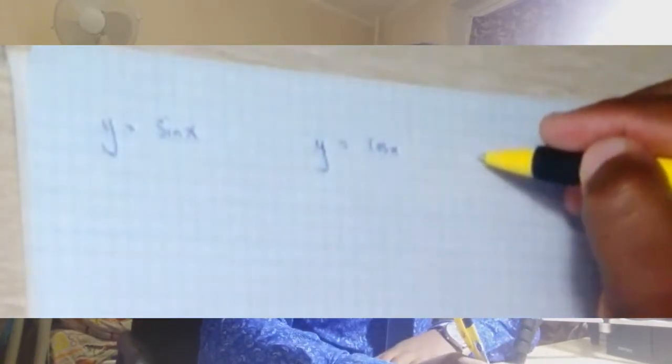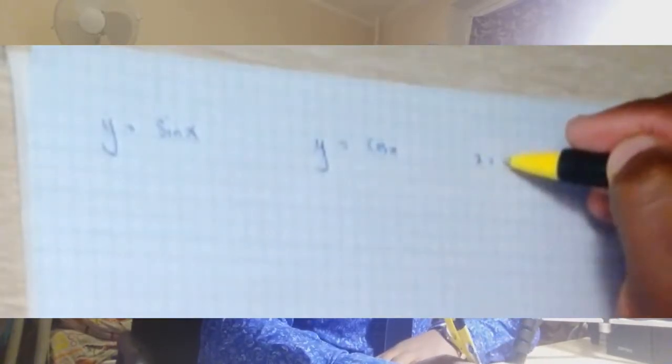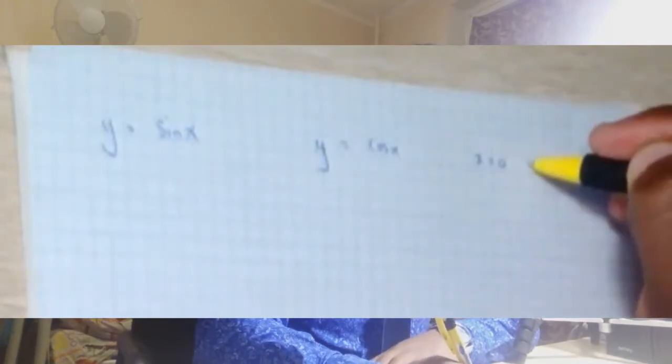The second function is y equals cos x, and we also have the equations x equals 0 and x equals 3π/2. So these are the functions that we have.